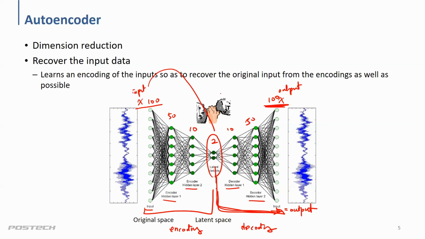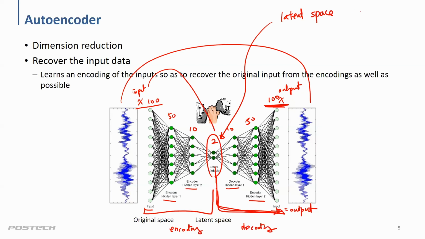So we believe that if we are able to successfully recover or duplicate X, that means the latent space is going to carry the key important information. Suppose we have only 2 neurons, and some of the input information is redundant.